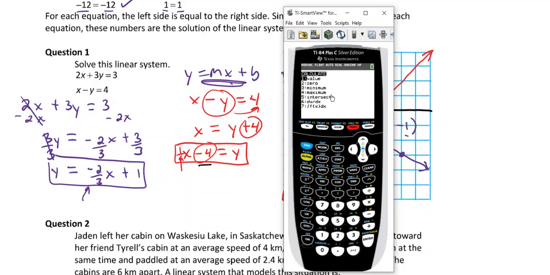This thing lets us find a value, our zeros, which really are just our x-intercepts, our minimum value, maximum value, and intersect, right? We're going to be using these a ton, especially next year. But for now, the only one we really are interested in is number 5. You can either go down to 5, or you can just push 5 and it'll select it. Okay, so I just pressed 5 and selected it there.